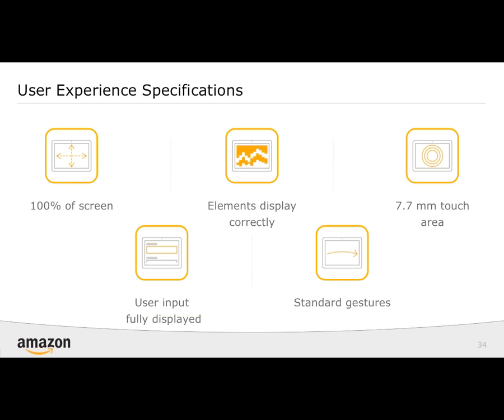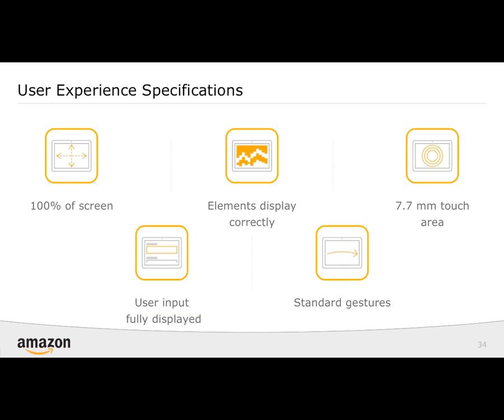So that's really important. Also, we have an internal standard for a 7mm tap target. This is to, again, make sure that all of our audience can be successful and have an easy time with tap targets. If you're converting from a different form factor, this can be a challenge, particularly if you have not been in the habit of using density pixels for buttons and things like that, and particularly for user input fields.